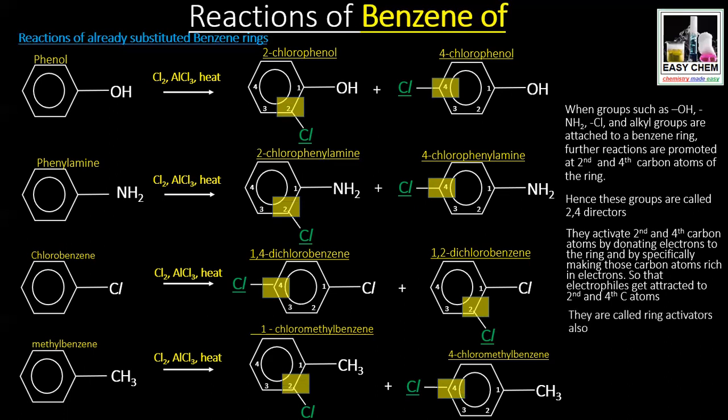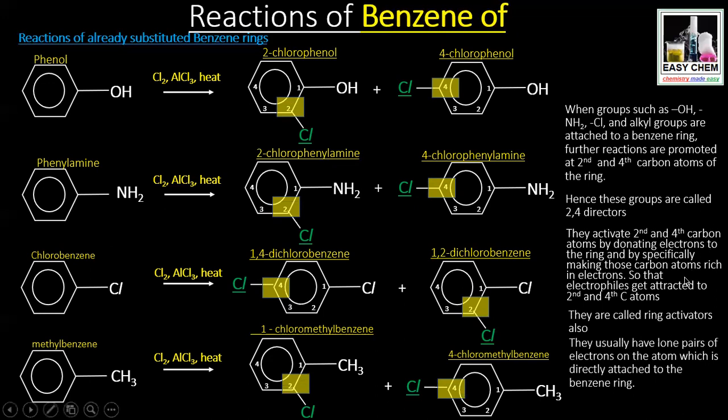It's because they are ring activators, and they usually have lone pairs of electrons on the atoms which are directly attached to the benzene ring. You can see on the left-hand side of the screen, first on phenol, the oxygen has 2 lone pairs of electrons. Phenylamine has, below that, 1 lone pair of electrons on the nitrogen atom. Chlorobenzene has lone pairs of electrons on chlorine again.